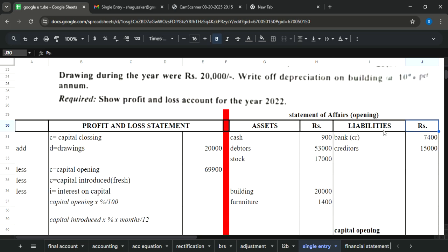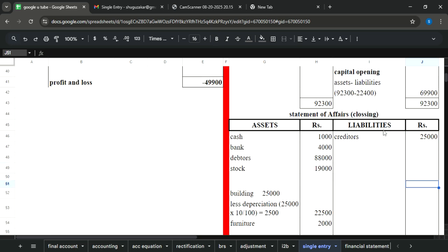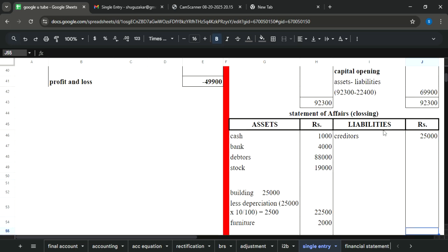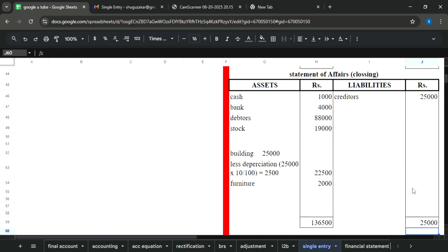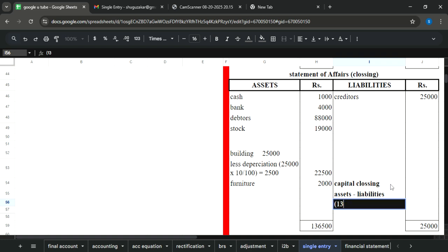We are now ready to calculate our capital. For that purpose, as you know that the total of both sides is completed, here you will calculate your capital, and this would be considered your closing capital. You will take all assets and subtract all liabilities. Total of assets 136,500 and total of liabilities 25,000. Close the bracket.